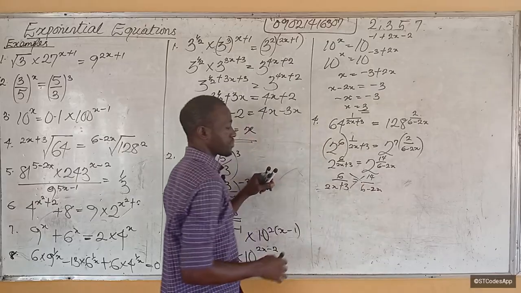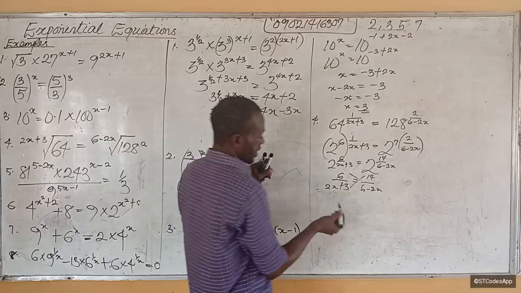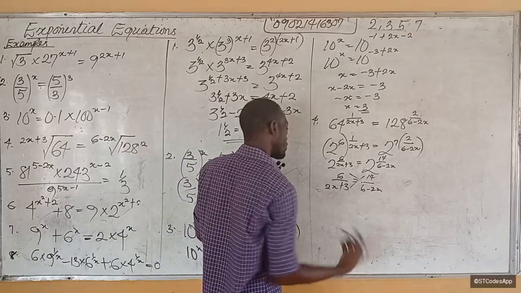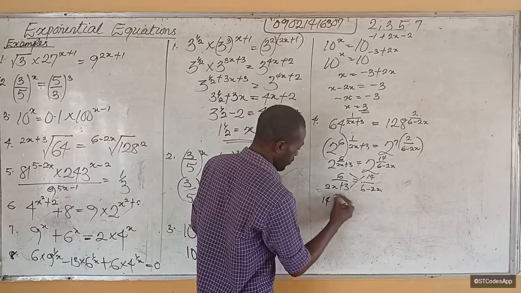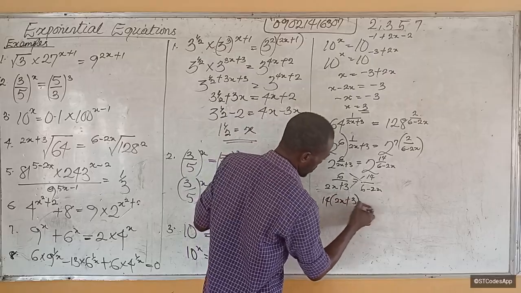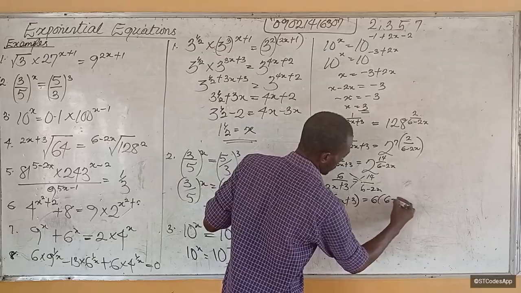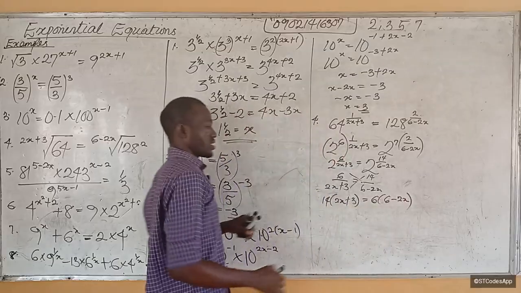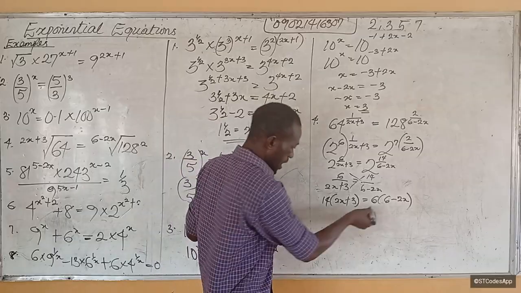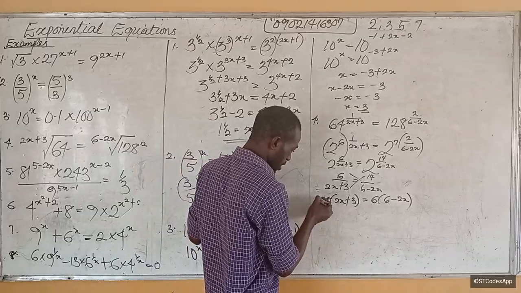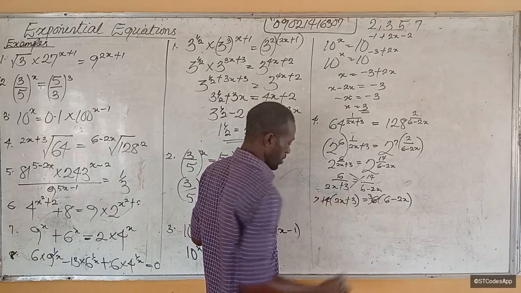You cross multiply. Or you can even divide, like 2 here, 3, 2 here. Okay, let's just cross multiply. That will become 14 into bracket 2x plus 3 is equal to 6 into bracket 6 minus 2x. Is that clear? So here I can cut 2 here 7, 2 here 3 to make things easier.